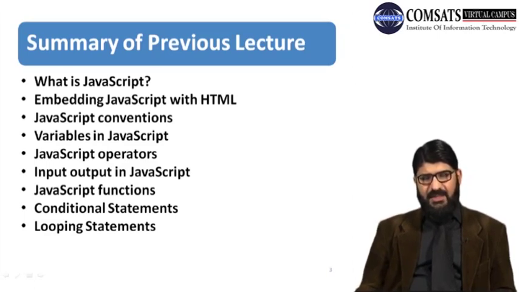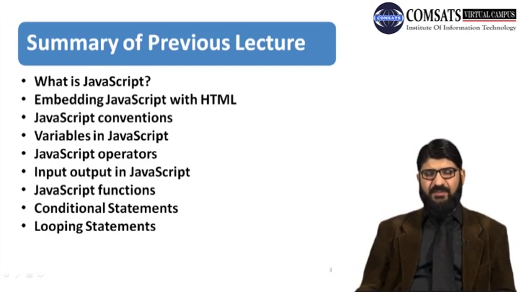After the internal and external type of JavaScript, we have discussed the variable concept in JavaScript. Variable can be presented using the var variable definition. Then we have seen that a variable can be declared, and that a default value is given to a variable through which a variable is initialized.